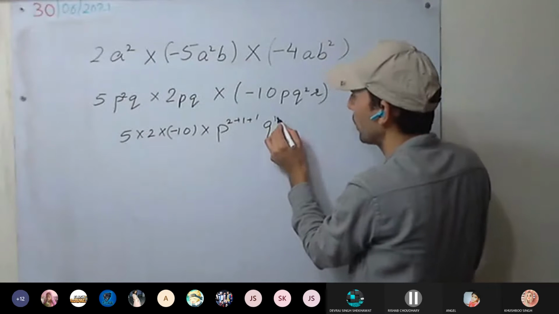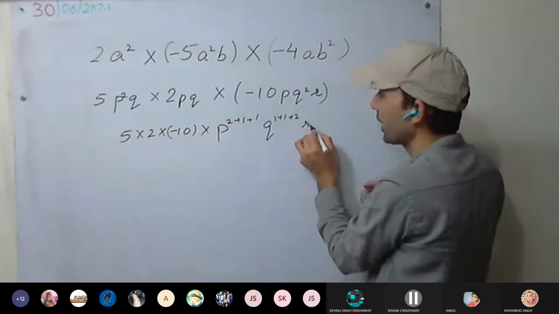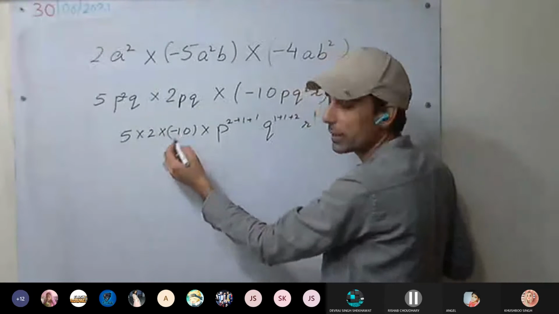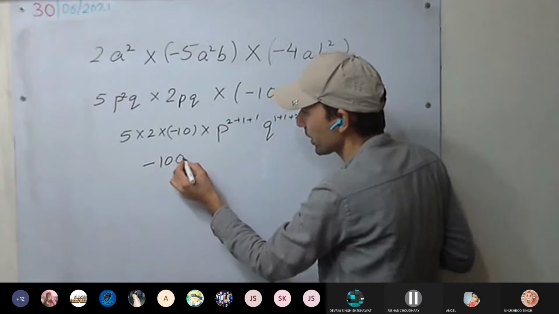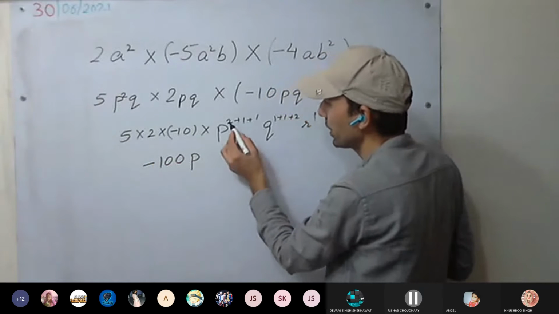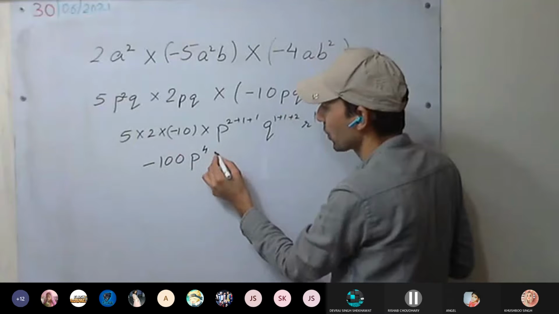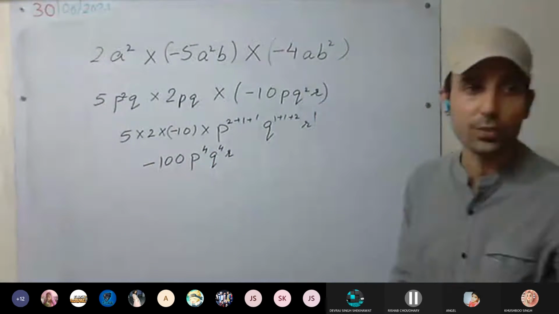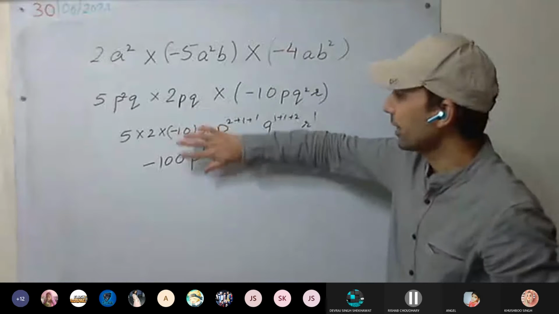Q raised to power 1 plus 1 plus 2, and r raised to power 1, or r. So 5 into 2 is 10, 10 into minus 10, minus 100. P raised to power 2, 3, 4. Q raised to power 4 into r. Understood? You can write it directly as well.